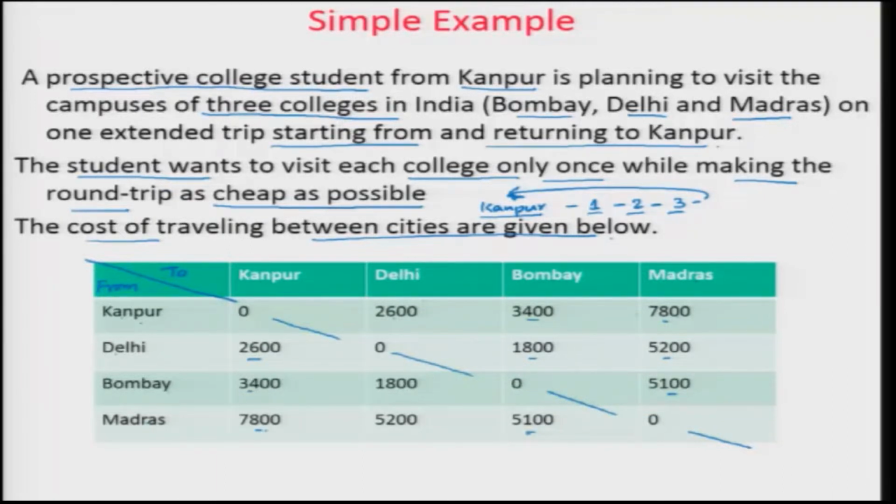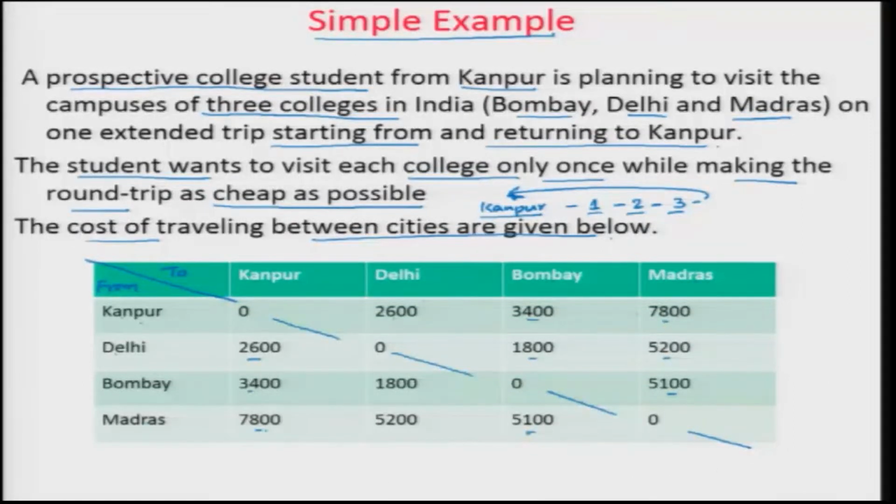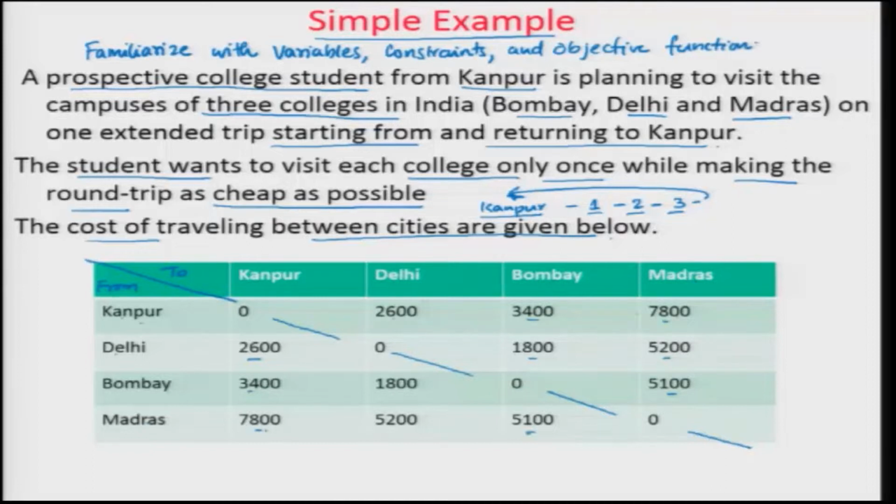So this is the setting of the problem, and this is an optimization problem. We are trying to work this numerical example in such a way that you will understand the different aspects of what the variables are, what the constraints are, and what the objective function is. So the aim of this example once again is to familiarize you with variables, constraints and objective function.